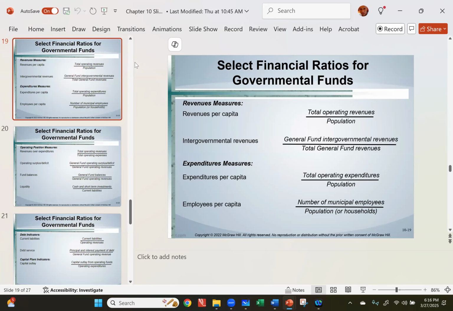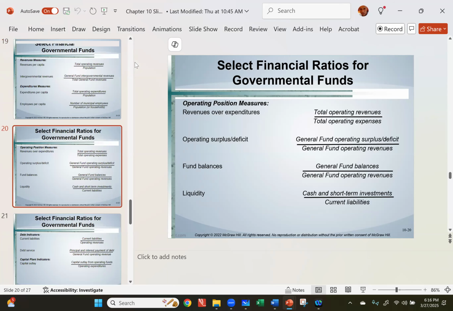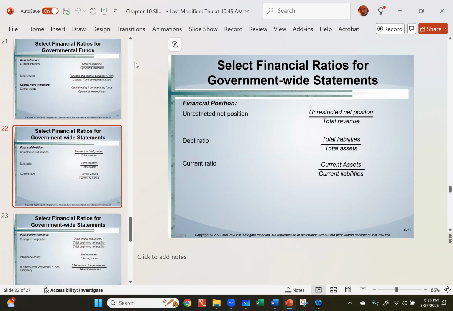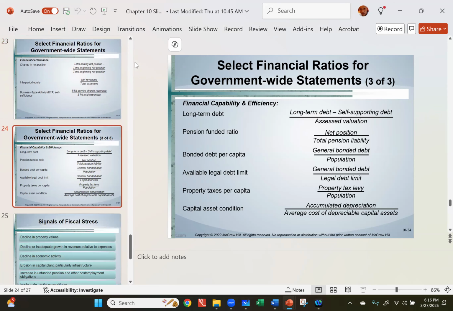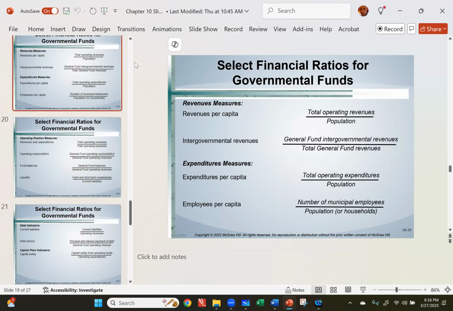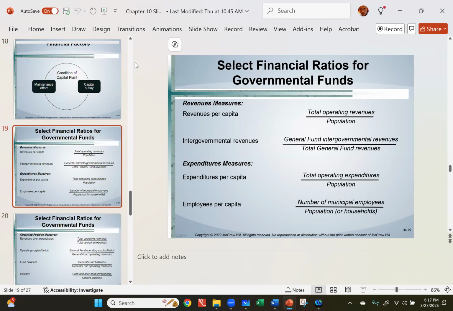So we've got 19, 20, 21, any of these, 22. I'm kind of calling them all measures. Okay, thank you. So pick one of these, I guess, or more in here.